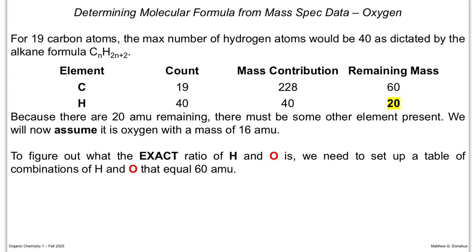So from the 19 carbons, we figured out there was the 228 mass contribution. That left us with the 60. That has to be hydrogen plus the heteroatom. The maximum number of hydrogens was 40. We had 20 remaining.